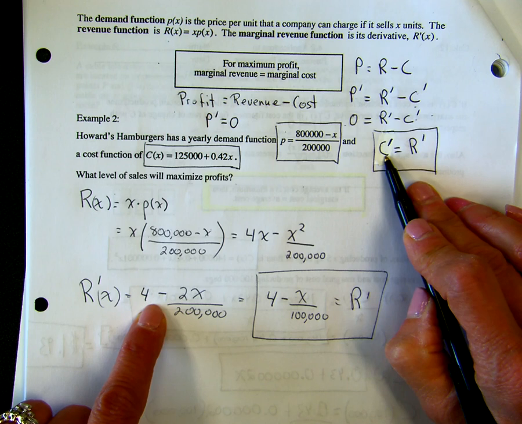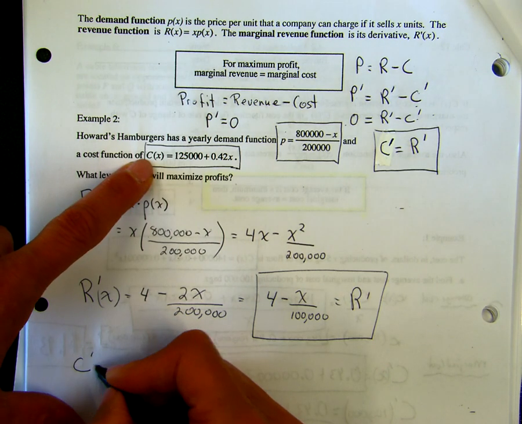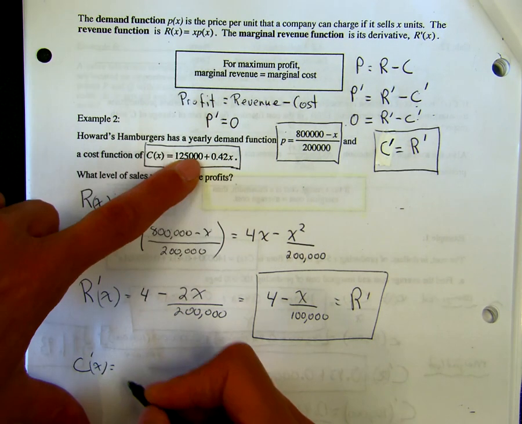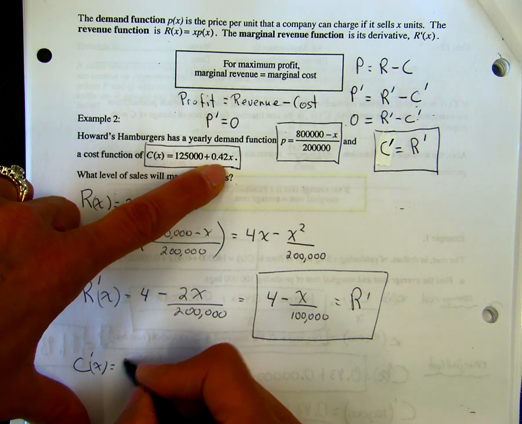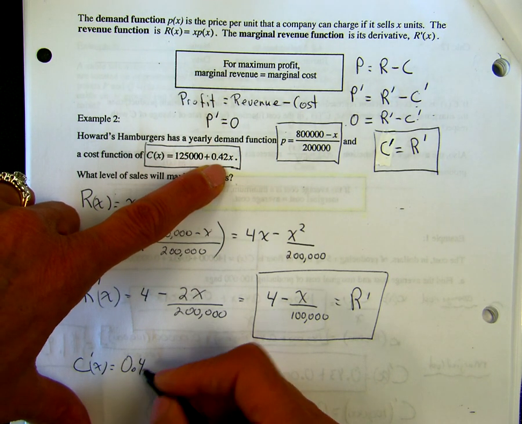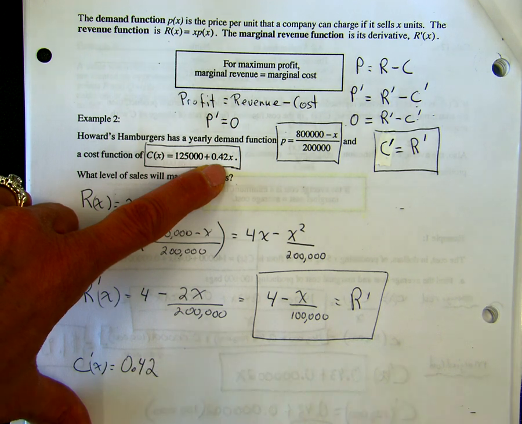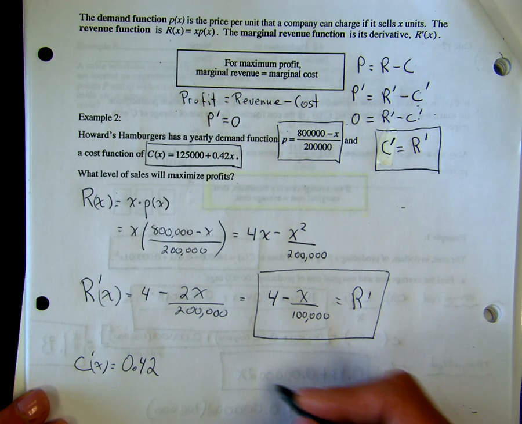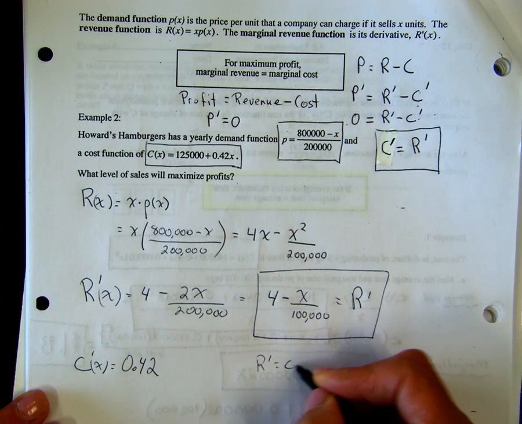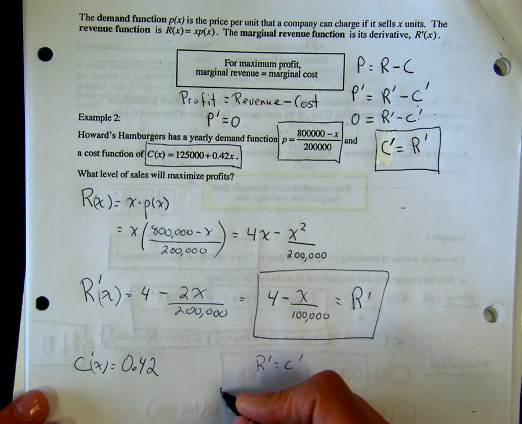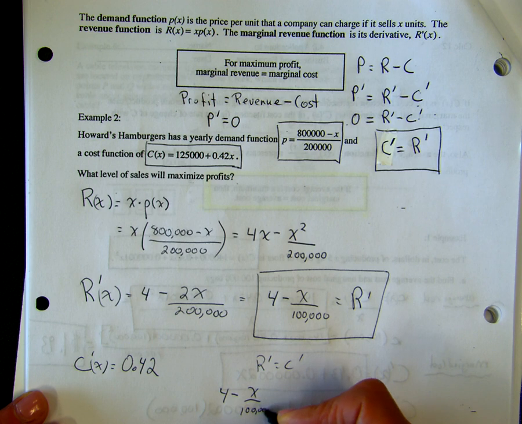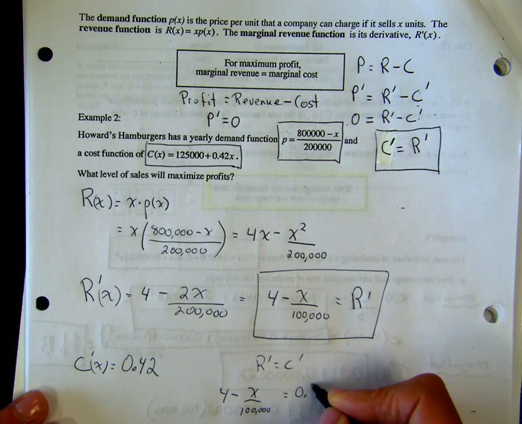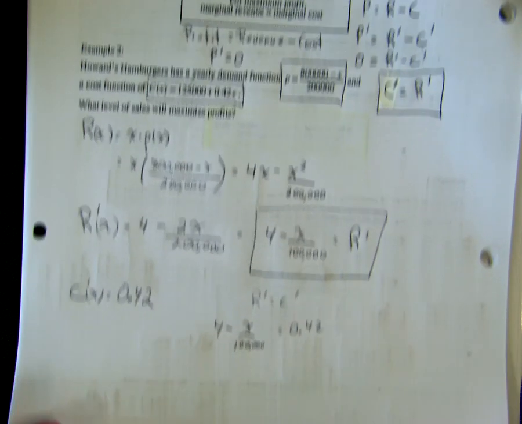What's C prime? Here's my cost function. C prime at X, taking the derivative of a constant, I get 0. Derivative of 0.42X is just 0.42. Okay, so if R prime is equal to C prime, then 4 minus X over 100,000 will equal 0.42.